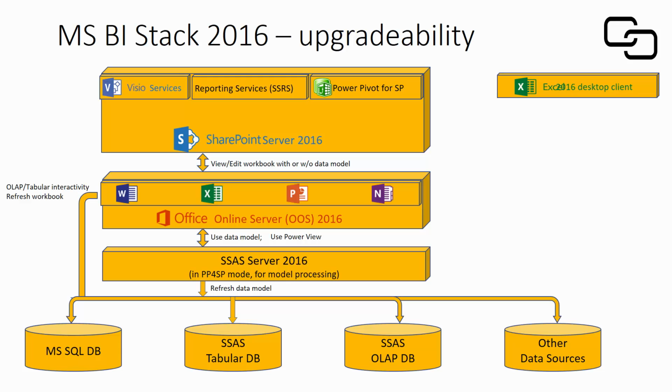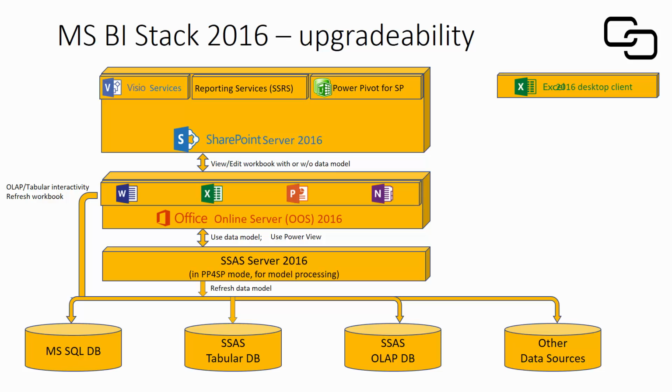Right, so we get to the slide that describes upgradability and compatibility aspects of the architectural change. So here we can see the BI stack, and we can see the Excel Desktop Client 2016 version.